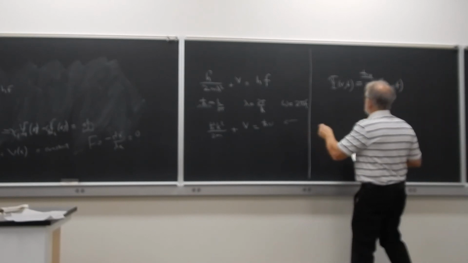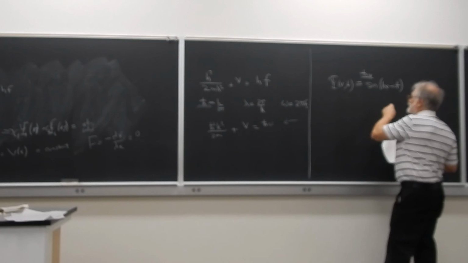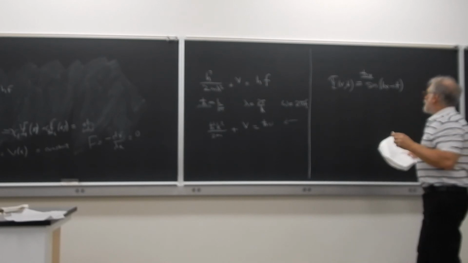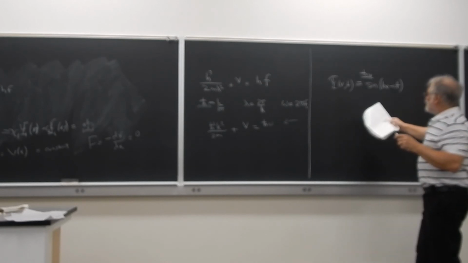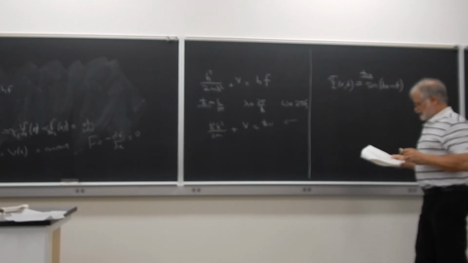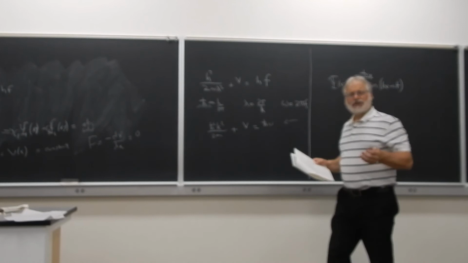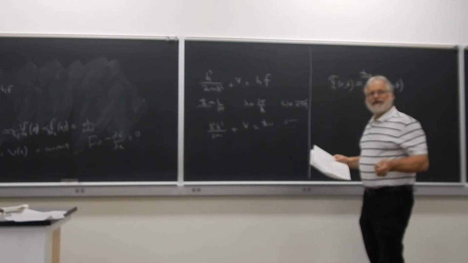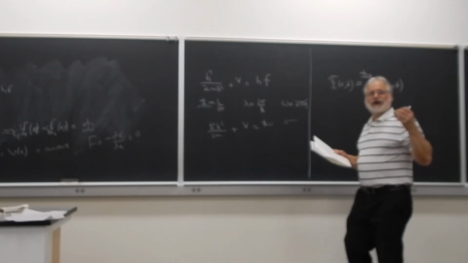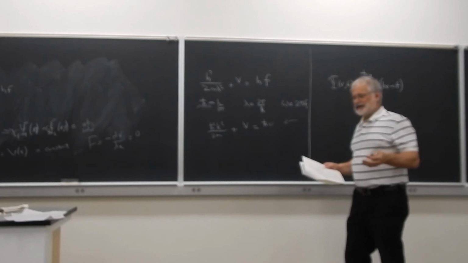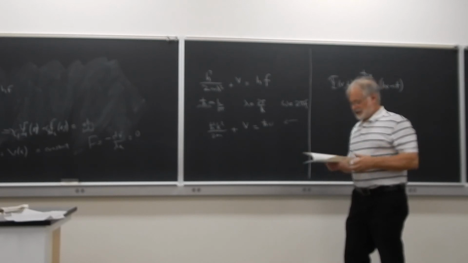I know I can get an omega if I take one time derivative, and I can get k squared if I take two space derivatives. But that's different than the type of wave equation that we're familiar with. Typical wave equations are both second order in time and in space, not first order in time and second order in space.